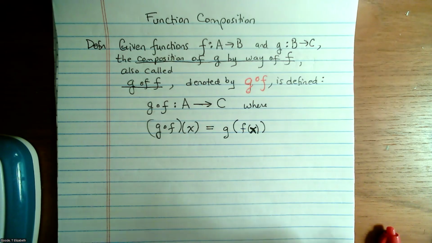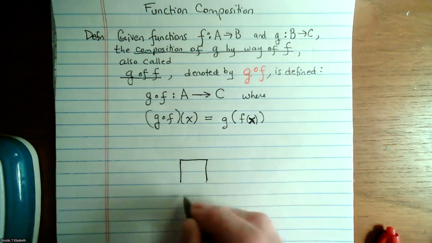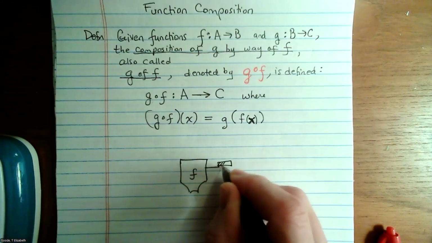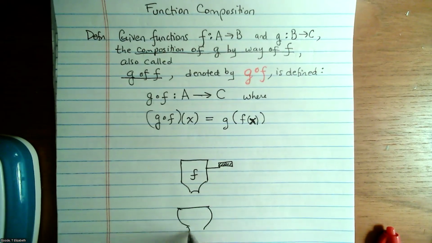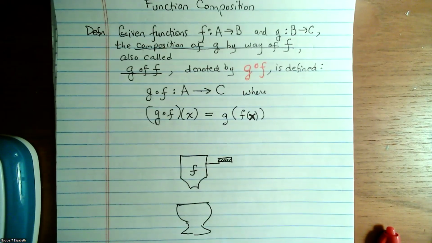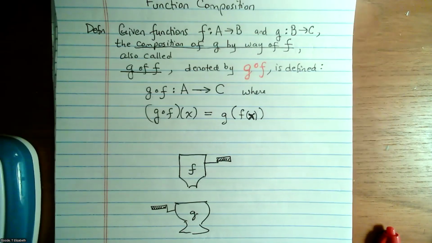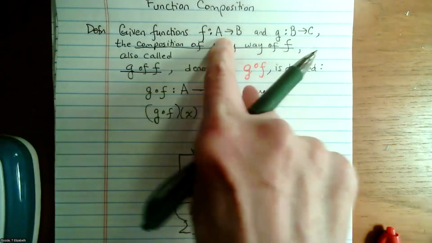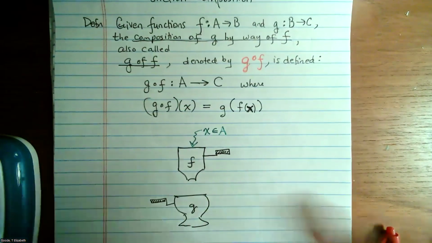So let me draw you this picture that I like so much of these stacked functions. It's like having a stacked appliance in some sense. Okay, so what happens? Well, we drop in an X from the domain of F. That's A. So an X from A gets dropped into F and it grinds on it.